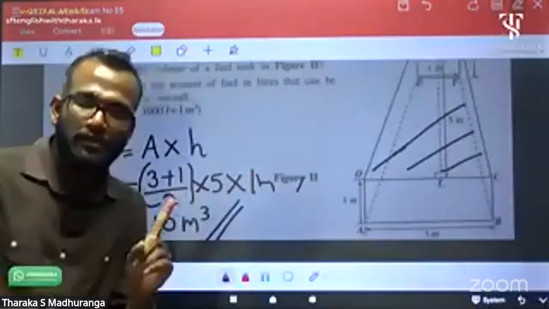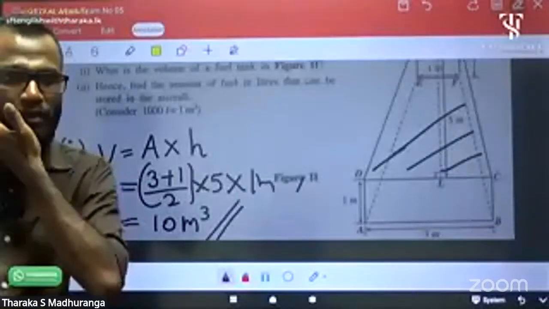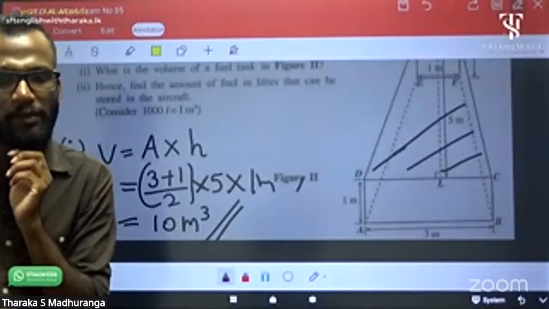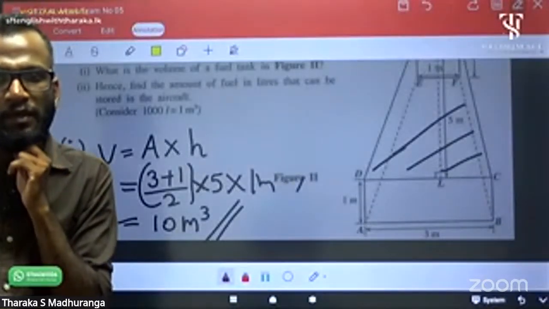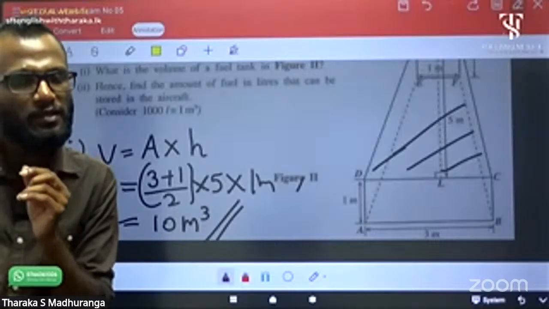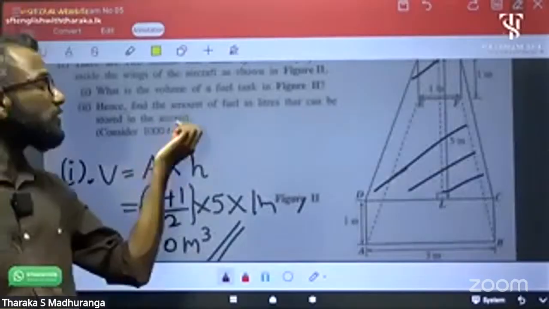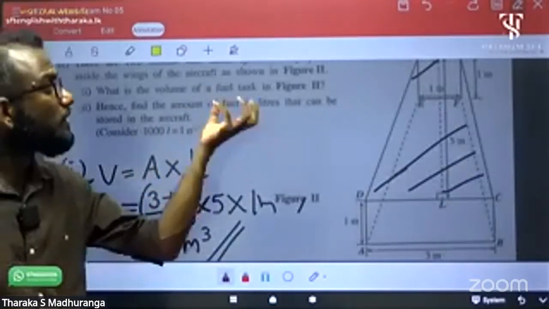Understood, Vihendra? Simple. One fuel tank volume, 10 cubic meters. It's very simple. Hence, find the amount of fuel in liters stored in the aircraft.